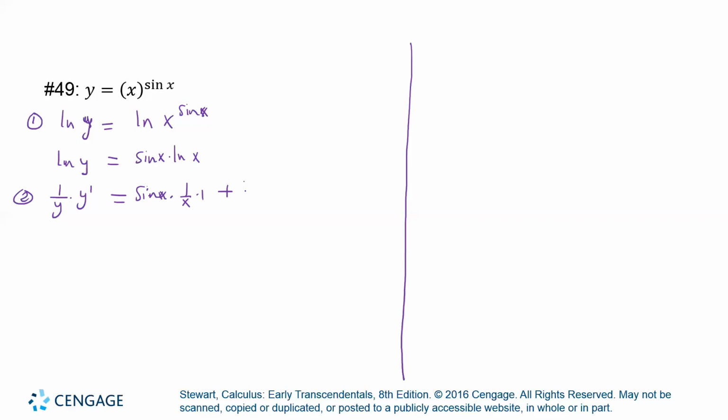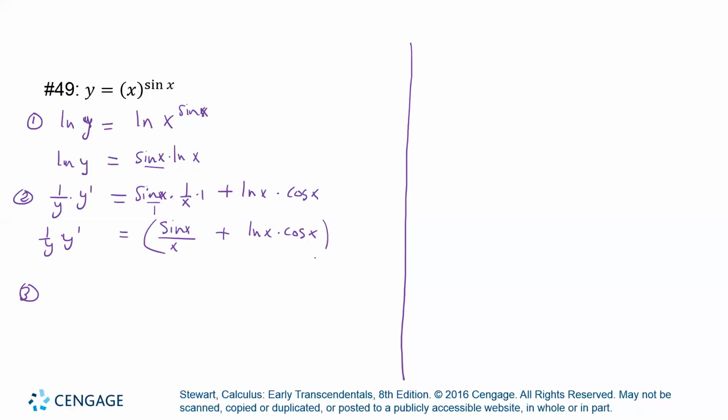Then plus, we keep the natural log of x and multiply by the derivative of sine, which is cosine of x. So you have sine of x over x, then plus natural log of x times cosine of x. Then you have 1 over y times y prime. So step 3 says solve for y prime.